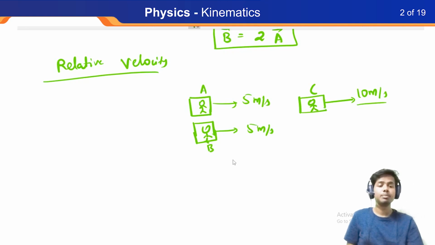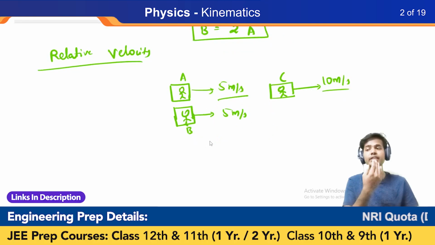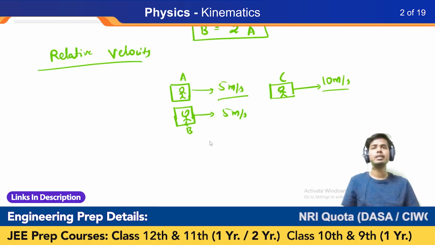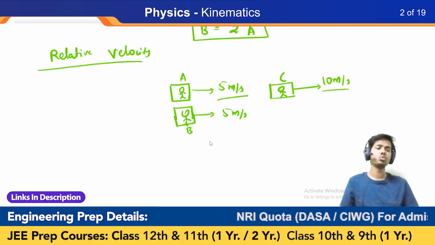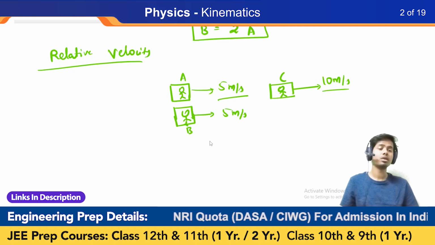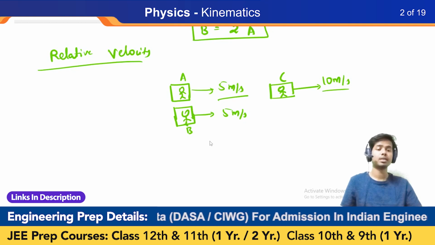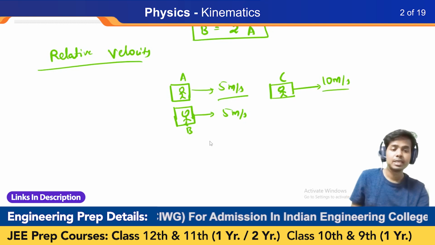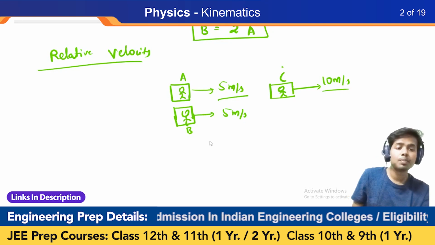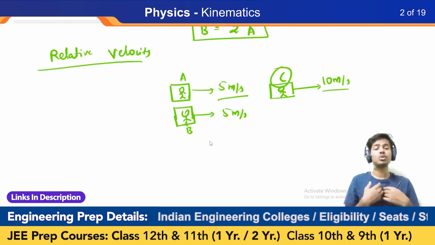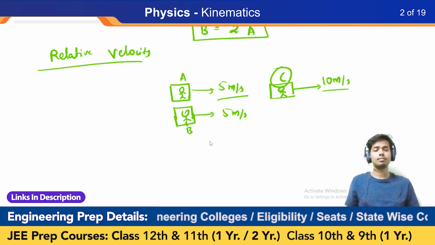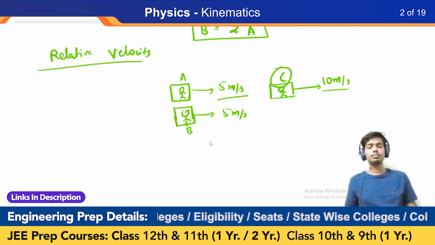Of course not, because you're already moving with some velocity. So you will probably feel that the car next to me is moving somewhat slower as compared to 10 meters per second. Why is that? Because you always see the person C with respect to your own reference, your own velocity.